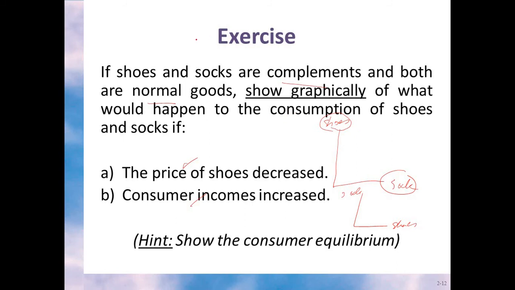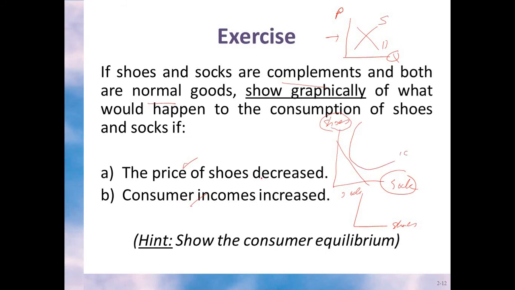As I mentioned earlier, students sometimes confuse it with market equilibrium. In market equilibrium, we have price on the y-axis and quantity on the x-axis, and then we draw the supply curve and demand curve. But in consumer equilibrium, y and x should be the quantity of the goods, and this is not a demand curve, this is a budget line, and you should draw the indifference curve.